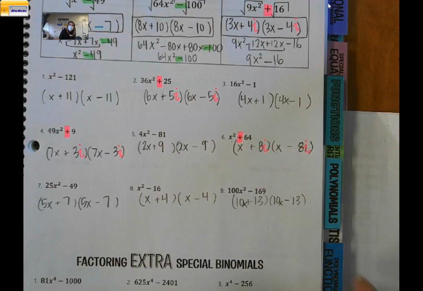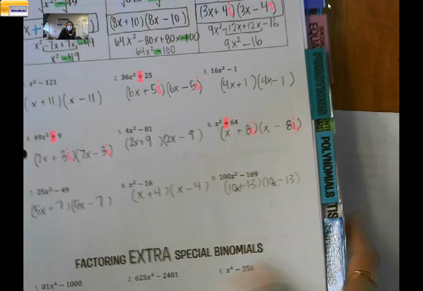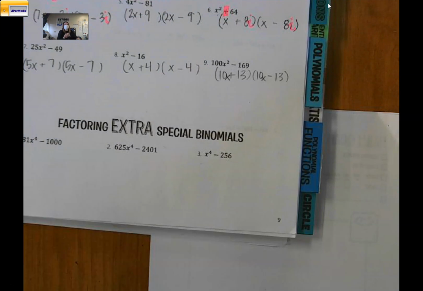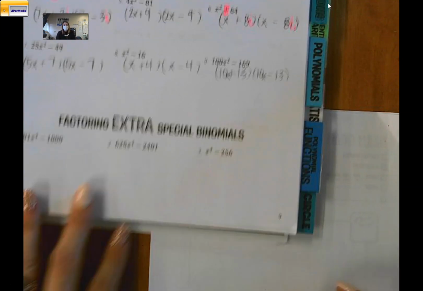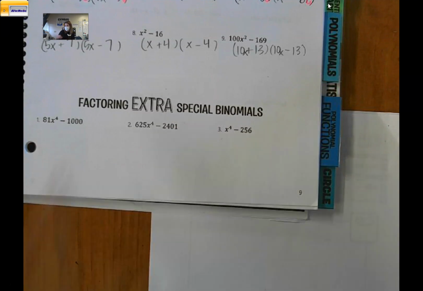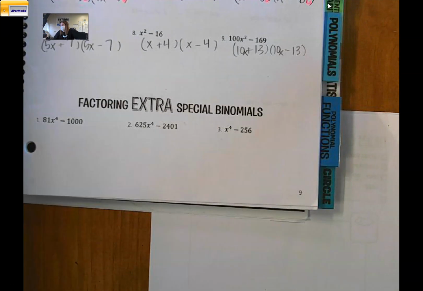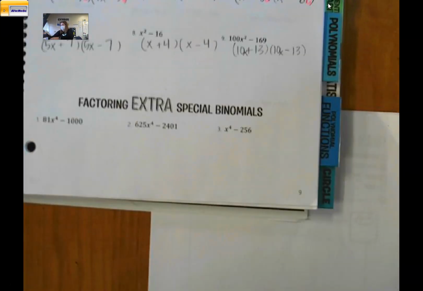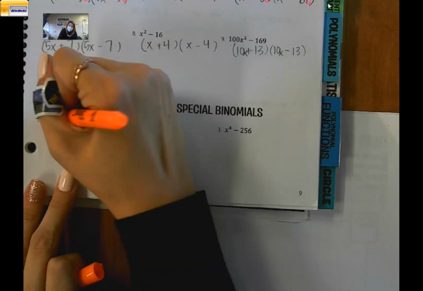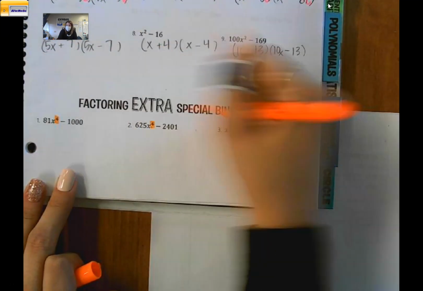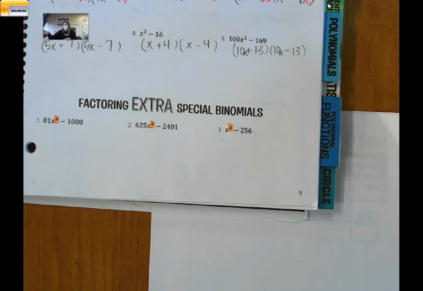Now, down here at the bottom, you have what I call extra special binomials. So what is different about those guys at the bottom? They're to the 4th power instead of to the 2nd power. Which means that when you go to factor them out, you're going to end up with 4 binomials instead of just 2.